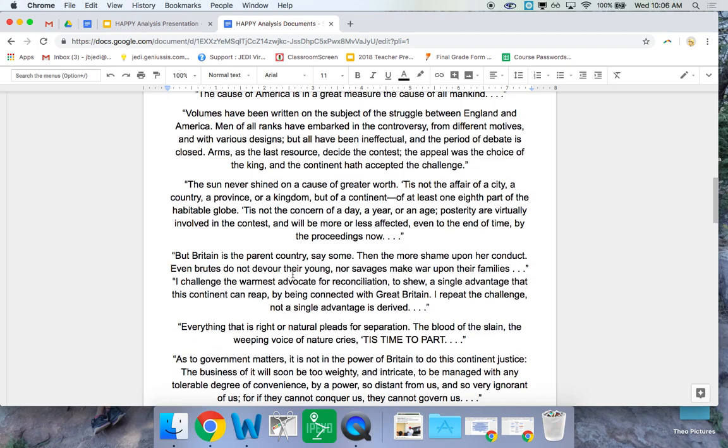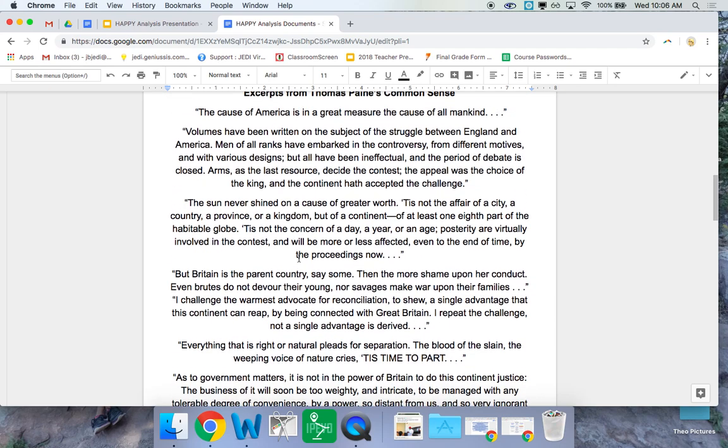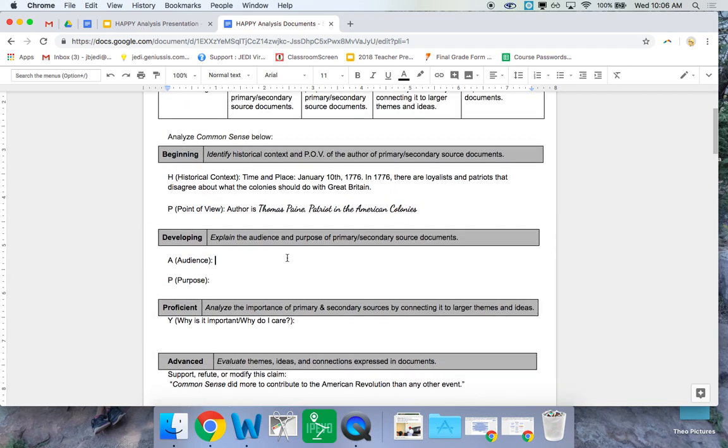Common Sense is, I might have to read the document to figure this one out, but I'm going to at least make a hypothesis. He's an American colonist, and so I think he's going to be talking to other American colonists. And I think he's probably going to talk to both loyalists and patriots in his message.